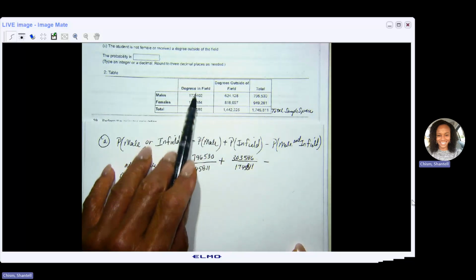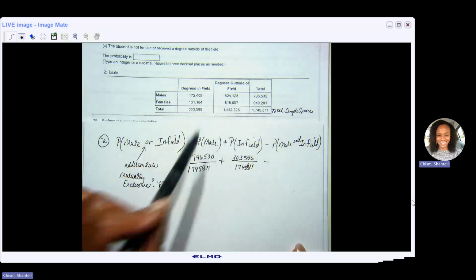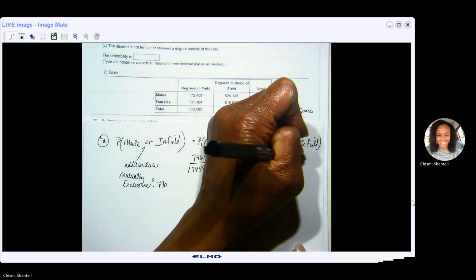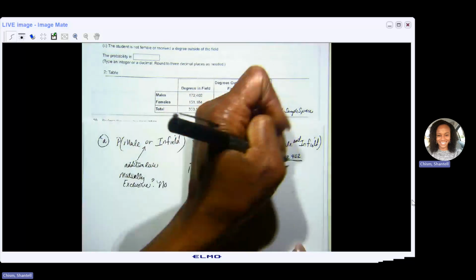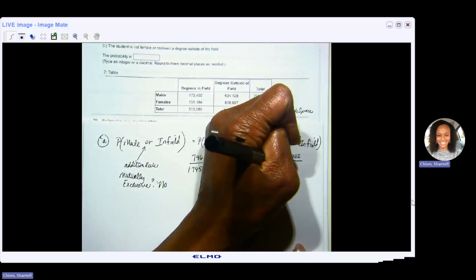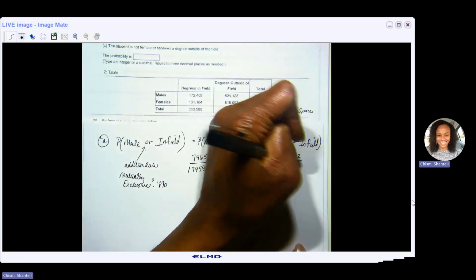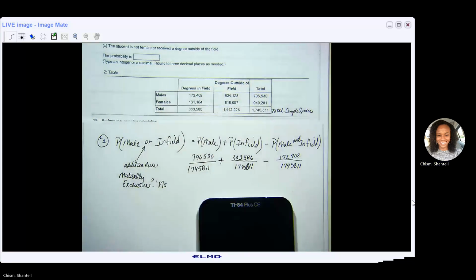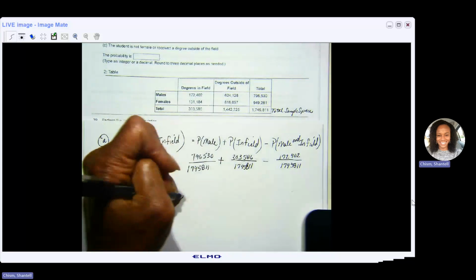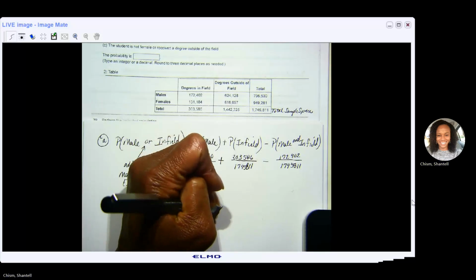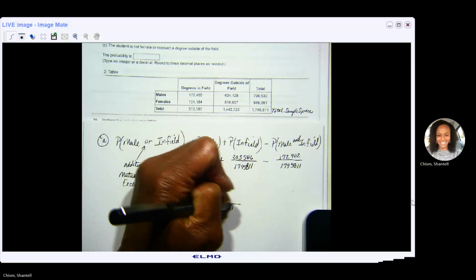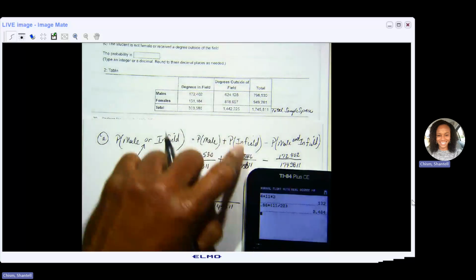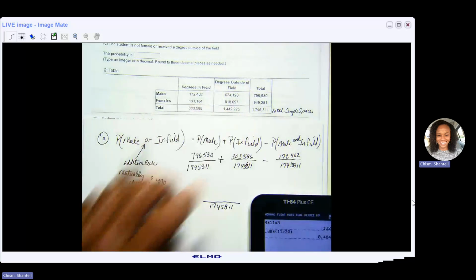It's in this column and it's in this row. So we have to subtract that, again out of that denominator, 1,745,811. You're going to keep that denominator, add these two, and then subtract that third value.